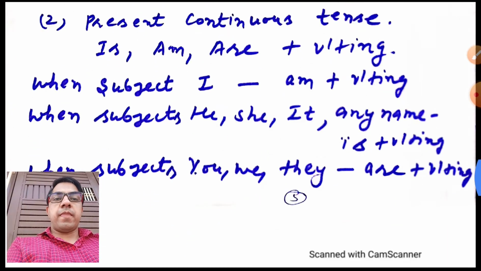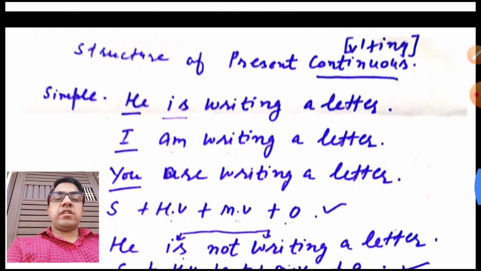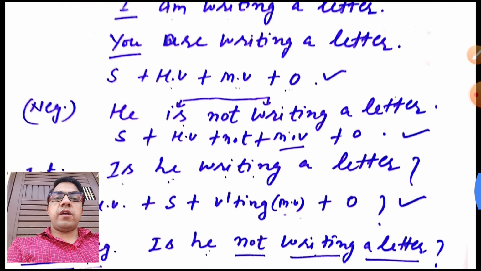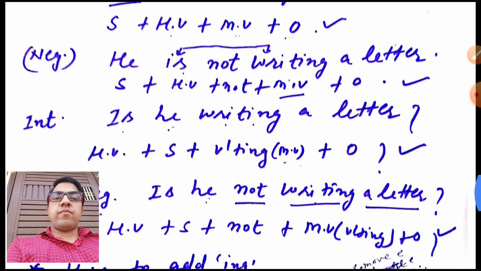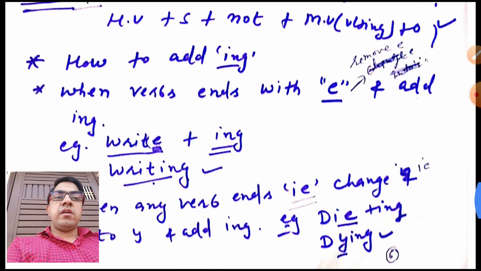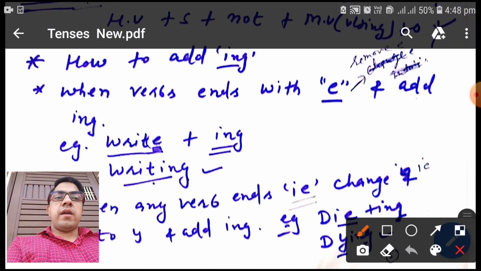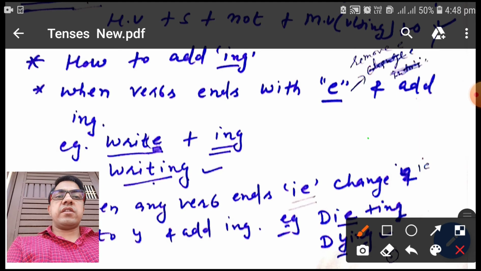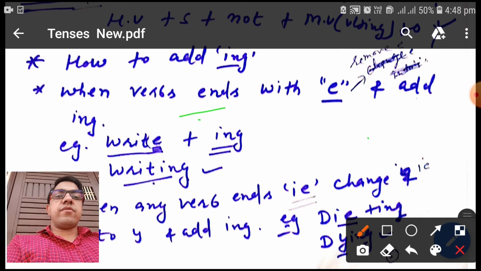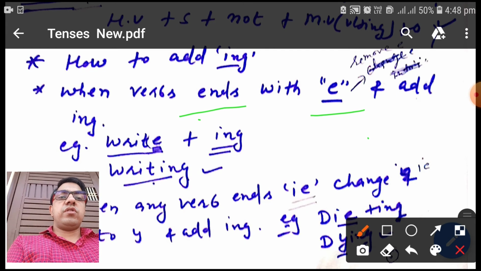In my last video we have discussed present continuous tense, and the structure of present continuous: simple, interrogative plus negative. After that we have discussed how to add ing. When any verb ends with e, we should remove e and add ing.